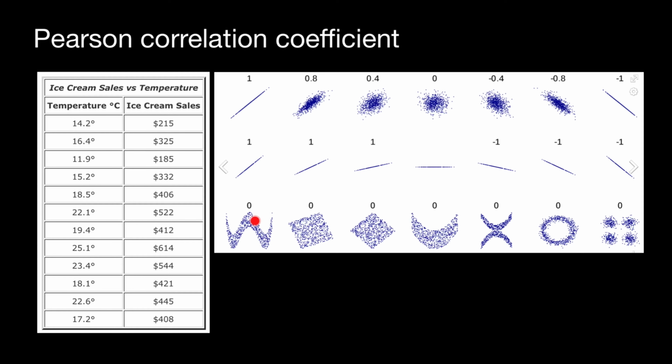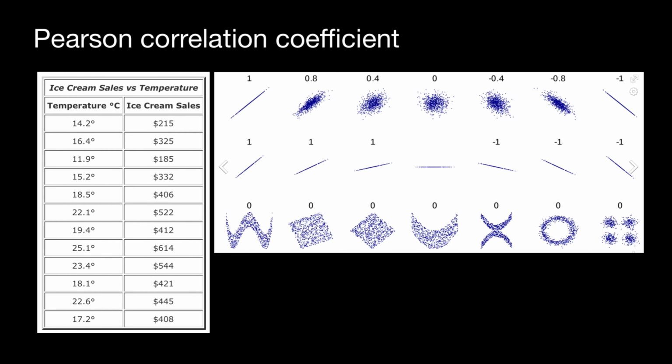Sometimes a correlation can exist, but we still get zero correlation when the graph is not linear, like we see here. The Pearson correlation coefficient only works for linear graphs. And the correlation coefficient can be anywhere between 1 and -1. From 1 to 0, we call this positive correlation, and from 0 to -1, negative correlation.